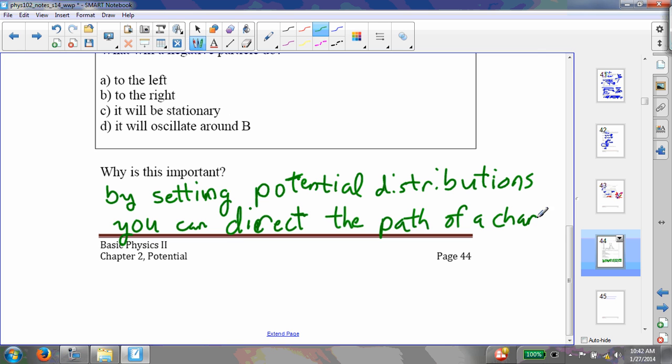And if you can make a charge do what you want it to do, that's a pretty useful thing. We'll see that when we get into circuits. Making charges do what you want them to do can be very useful.